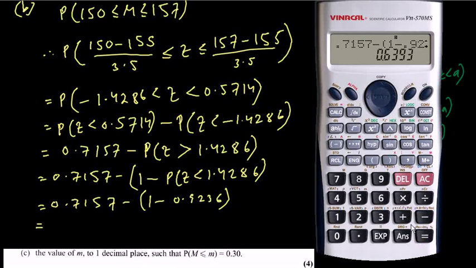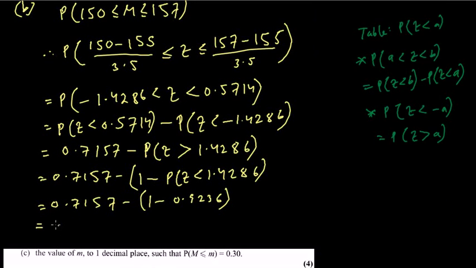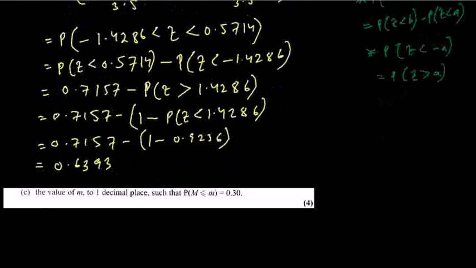So the probability is going to be 0.6393. Now the next one is a different type.